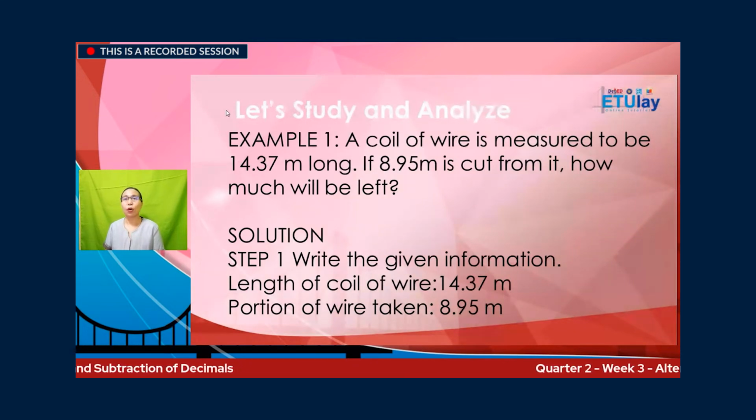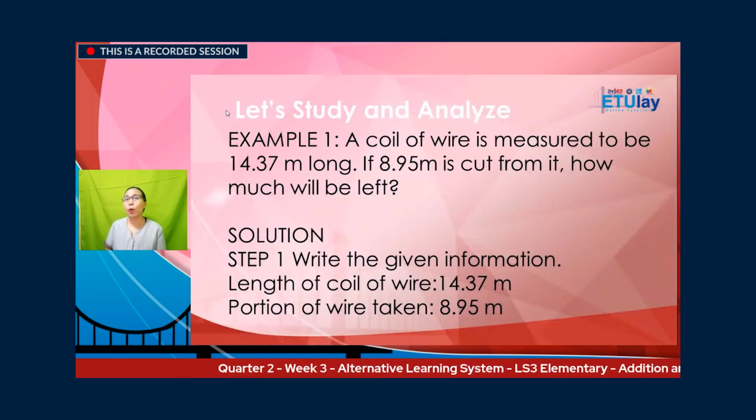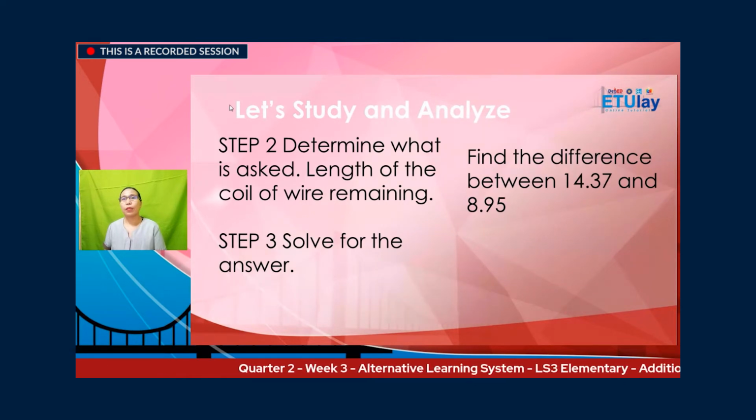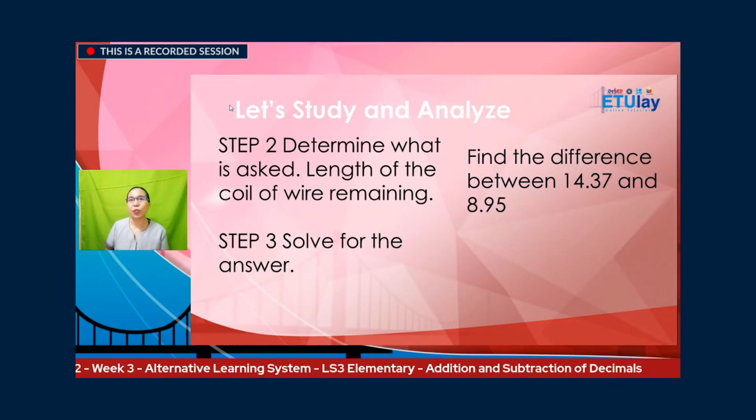The length of the coil of wire is 14.37 meters. The portion of the wire taken is 8.95 meters. Next step, we find the difference between 14.37 and 8.95.